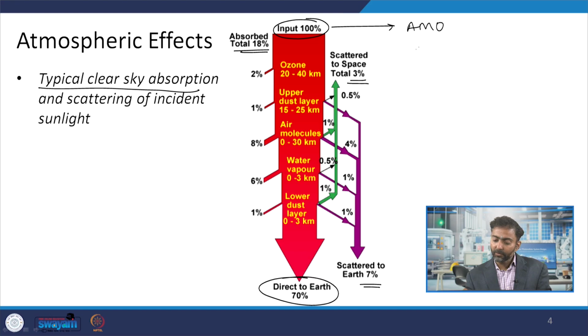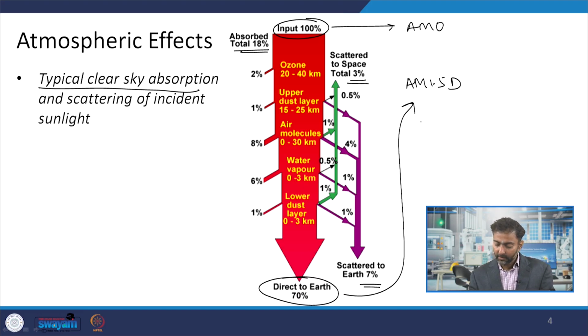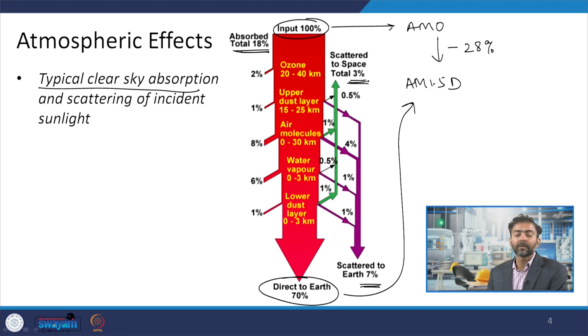So, if I were to calculate the AM 1.5D with respect to AM0, AM0 is there, AM 1.5D is this one, the direct to earth component. As you can see, from AM0 there is a 28% reduction to come down to AM 1.5D, 18% absorbed and 10% scattered.